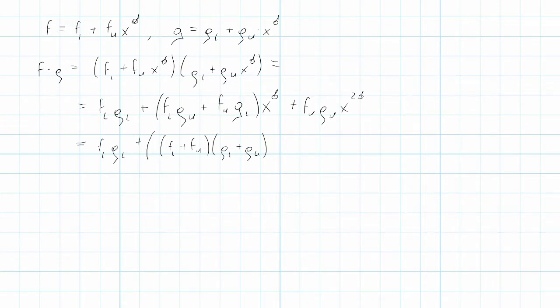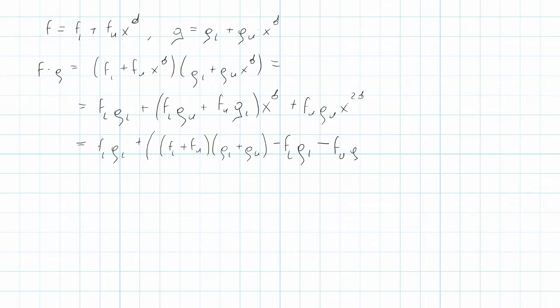But I will get two extraneous parts that I don't need. I will get fl times gl here, that I don't need, so I must subtract it. So I subtract fl times gl. I will also get fu times gu, which I don't need either. So I subtract it too.